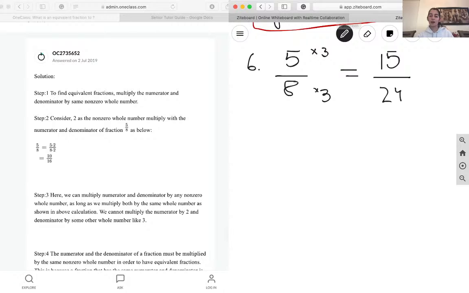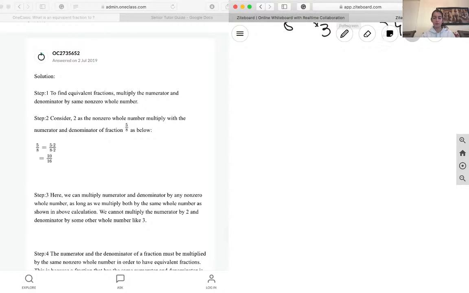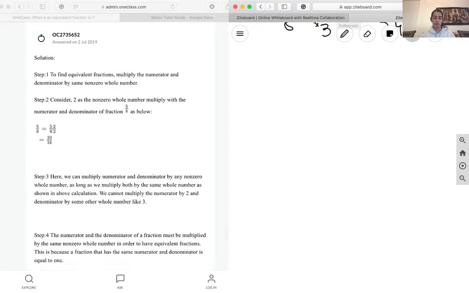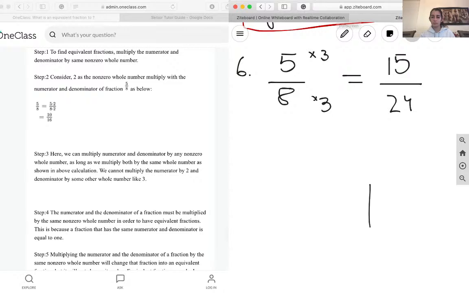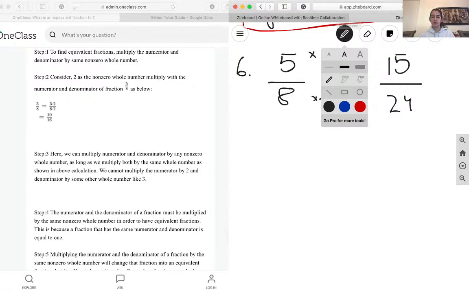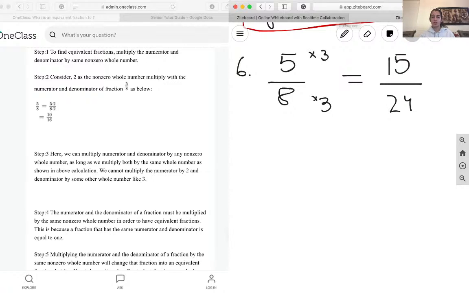Here we can do another example of the same question. We can do the same thing. The only thing we can't multiply this by is 0, because you can't multiply a fraction by 0.